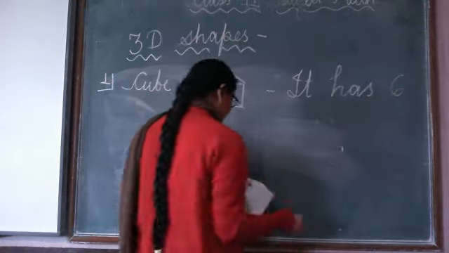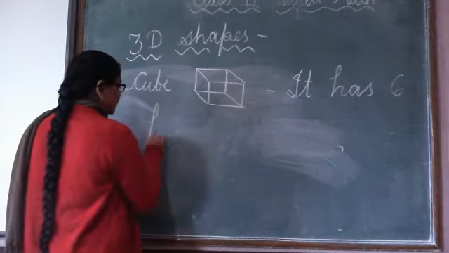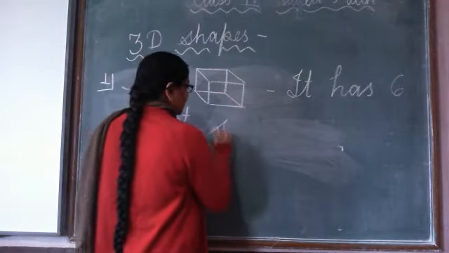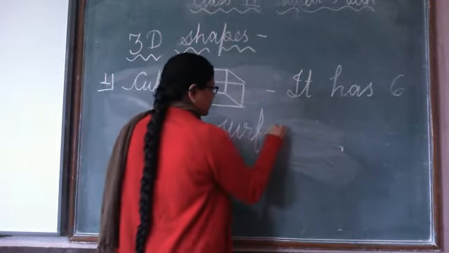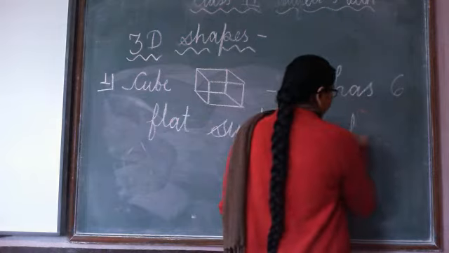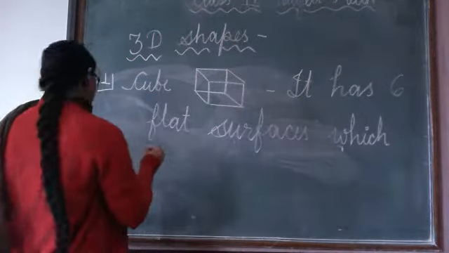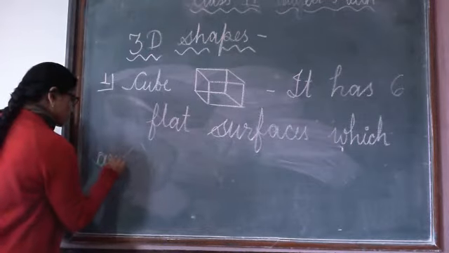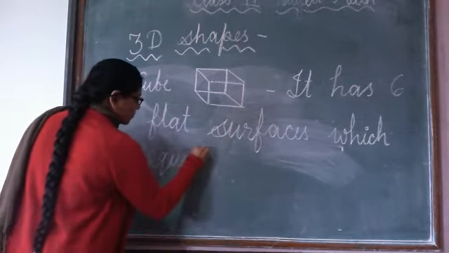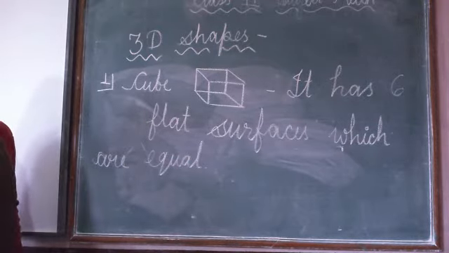It has 6 flat surfaces, which are equal. Cube is something like square.